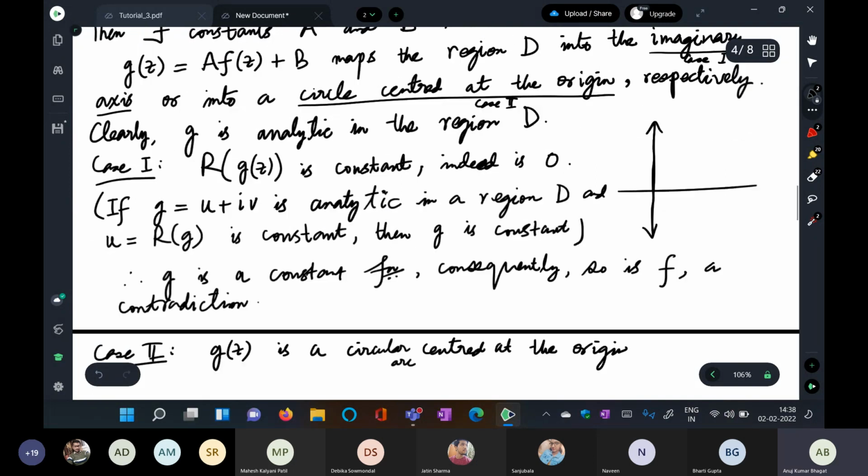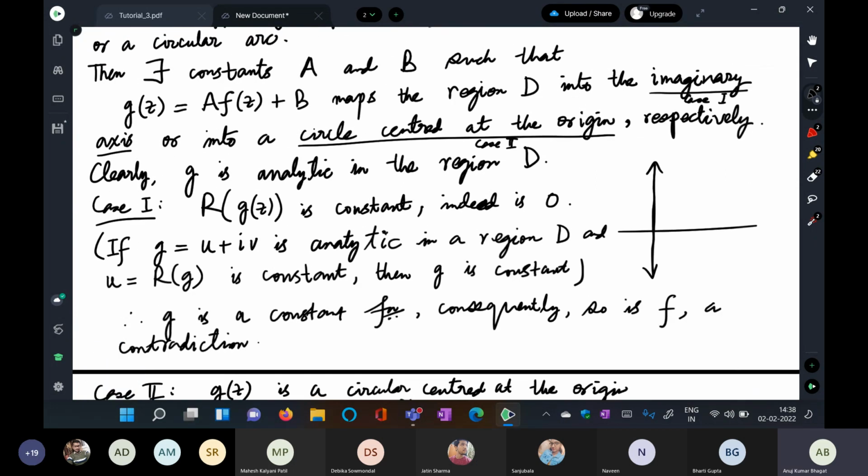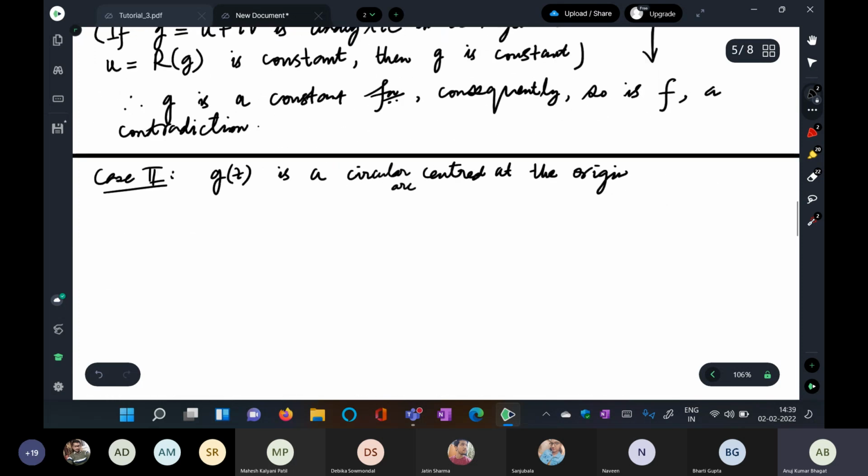Let's say just a circle. In that case, this implies the modulus of g(z) is constant for all z in D.